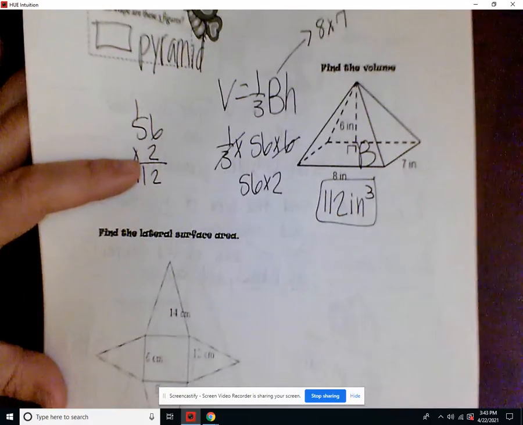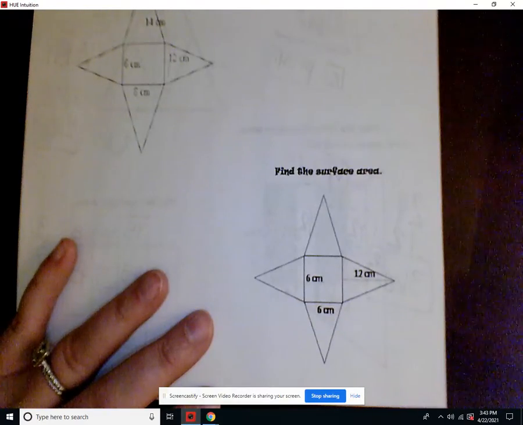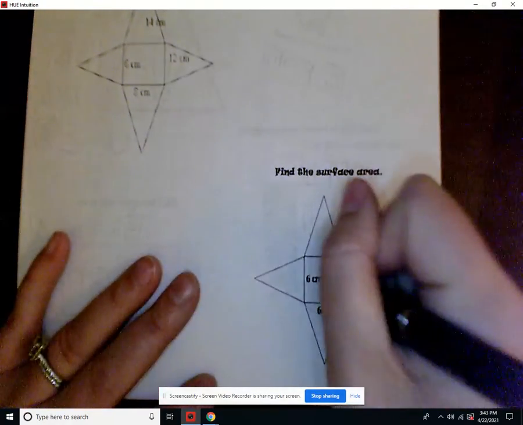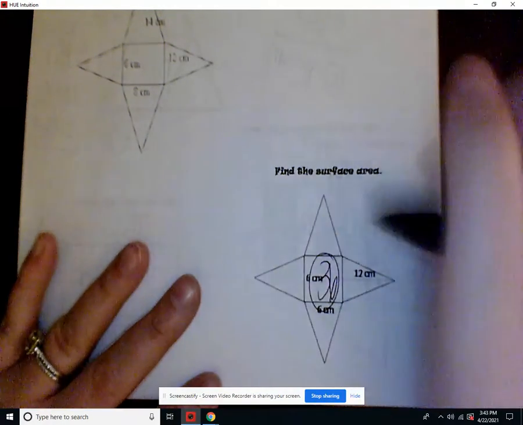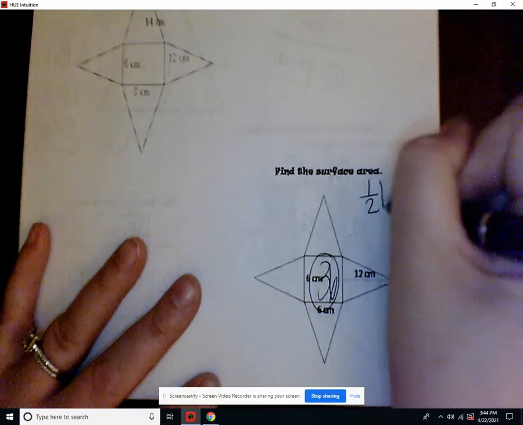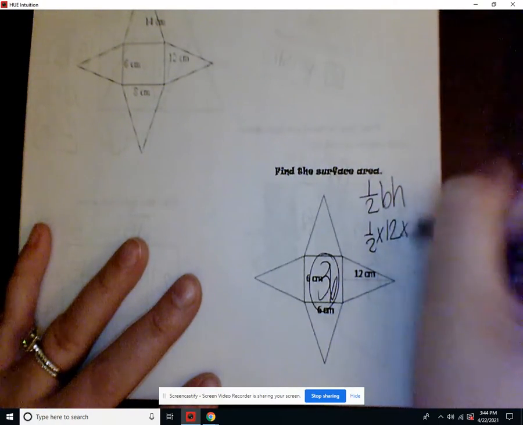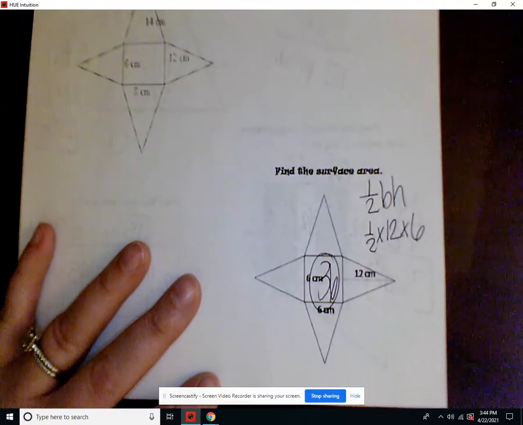All right, so again, I'm going to skip down to the total surface area first, then we'll come back and do lateral. So find the surface area, the area of all the shapes added together. Since the shape in the middle is 6 and 6, it's a square, so we're going to multiply it. Then we have a triangle, and the triangle formula is 1/2 BH. So I'm going to multiply 12 times 6. 12 times 6 is 72.